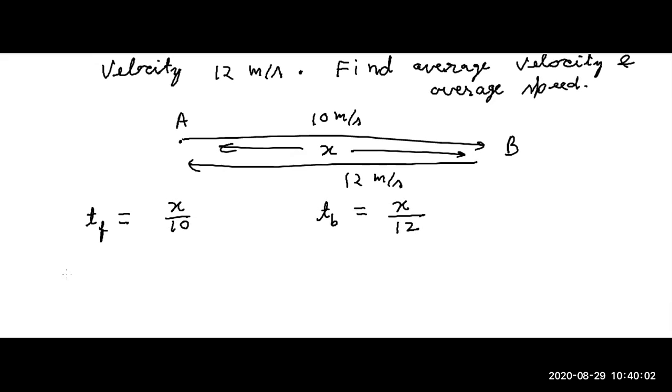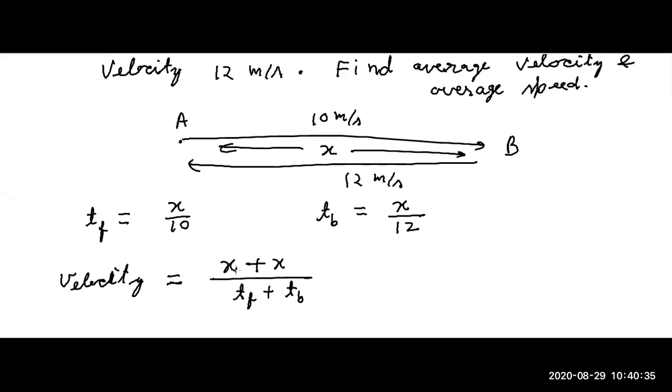Now for finding velocity, suppose we write it like this. Total distance, x plus x, divided by total time, tf plus tb.